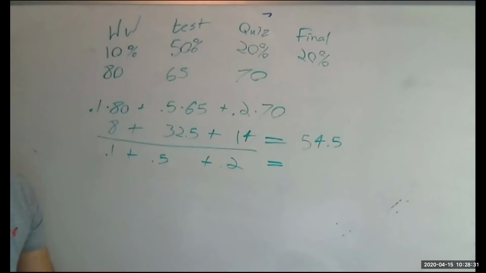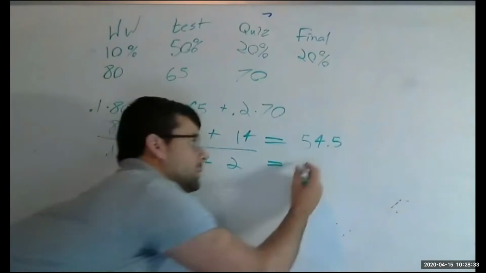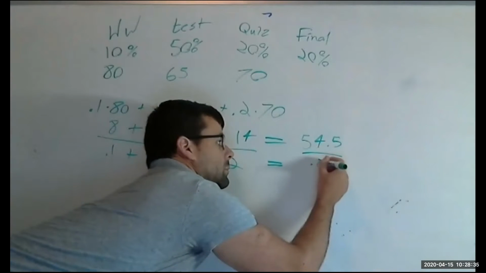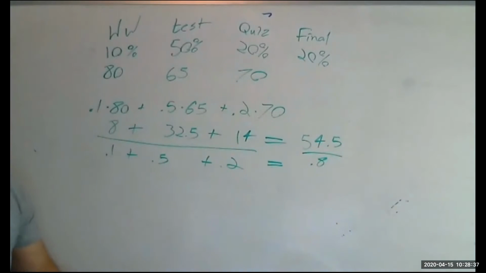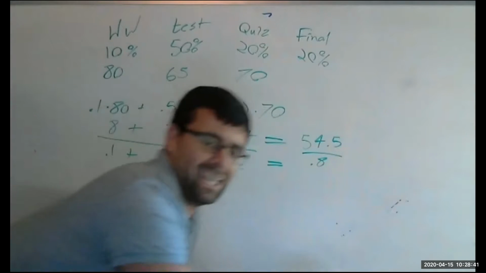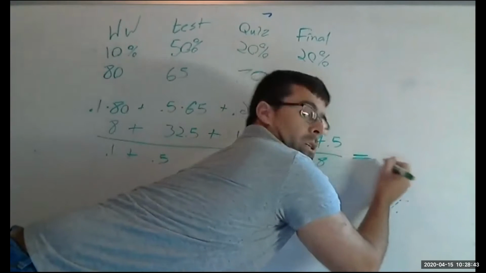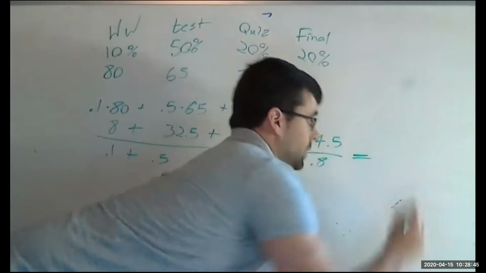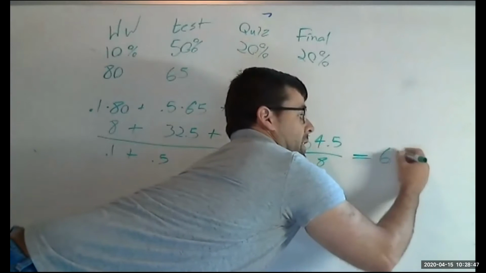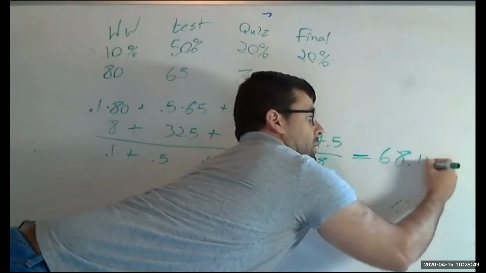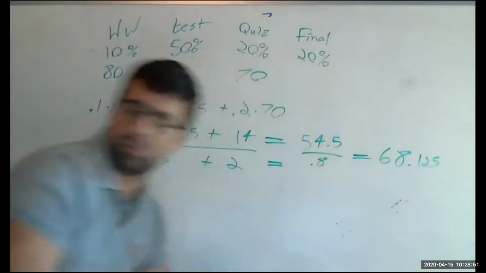It'll just be 0.8, right? 0.8. And so when you do that, 54.5 over 0.8 is actually 68.125.